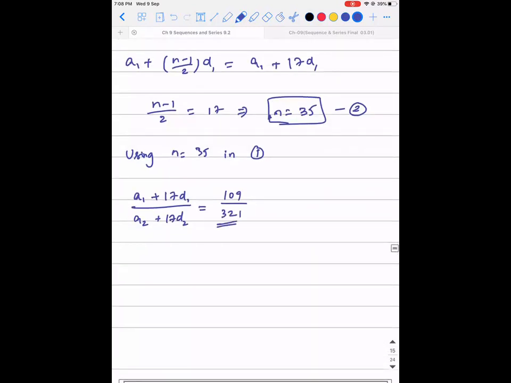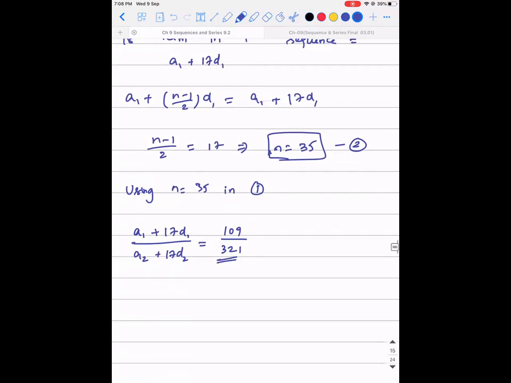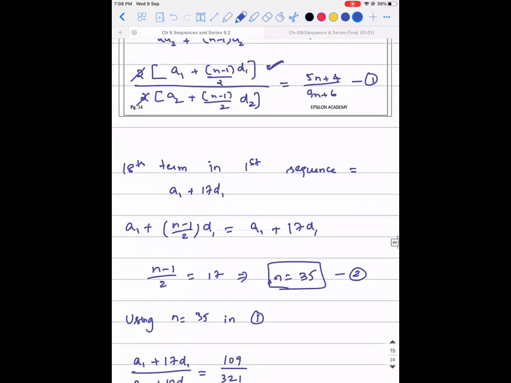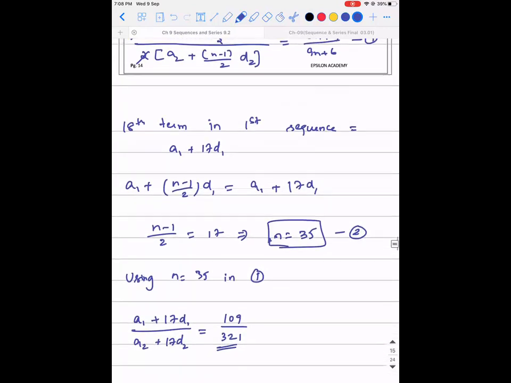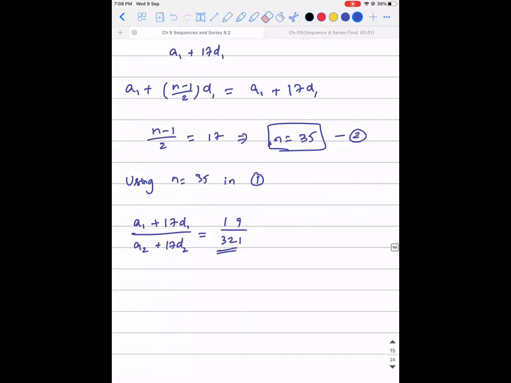So 179 divided by 321 will be the required answer. Sorry, at first I wrote 109, but 35 into 5 is 175, so it is 179 divided by 321.